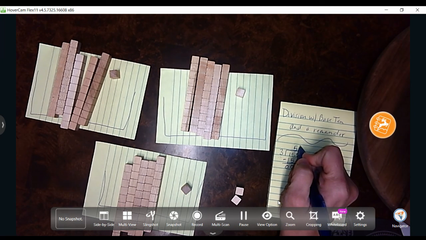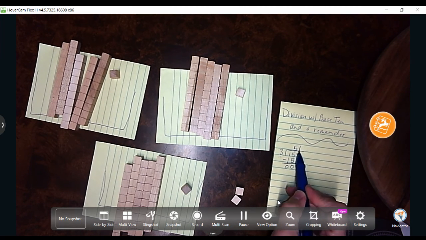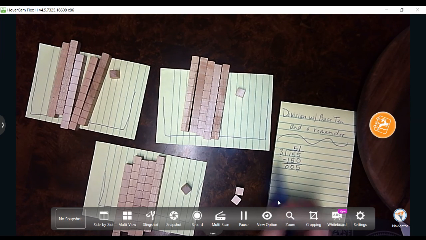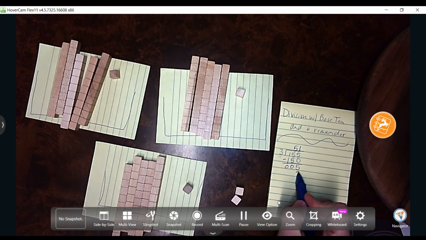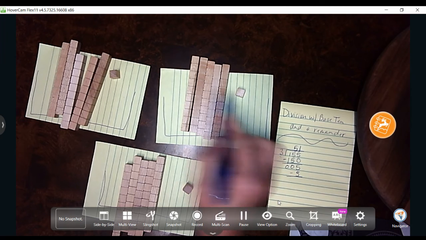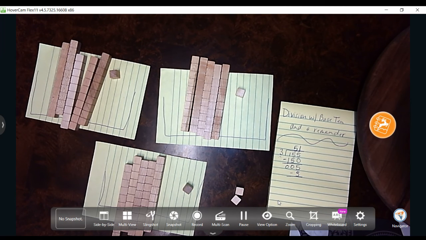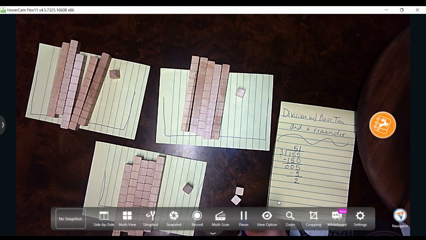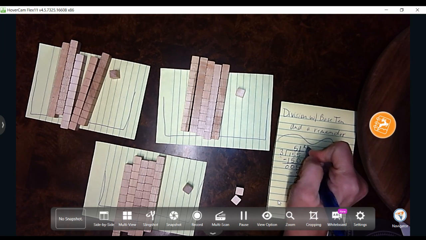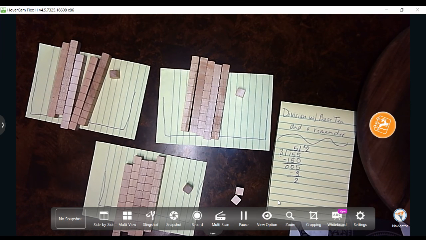So I could put 1 in each group. And this is 1 times 3. And we have 1 in each group of 3. That is 3. So I'm going to subtract those because that's what I used of my 1s. And then 5 minus 3 is 2. And that is a remainder of 2.